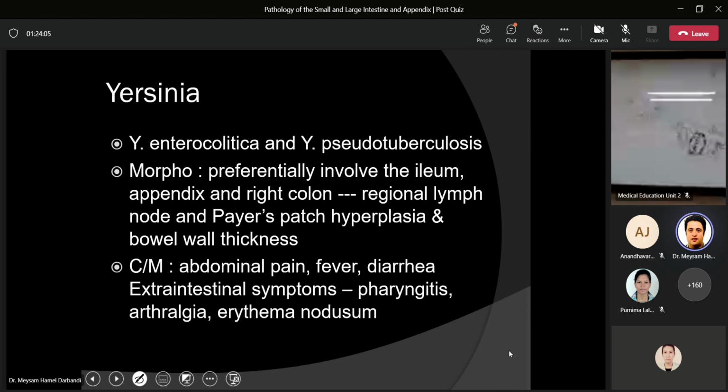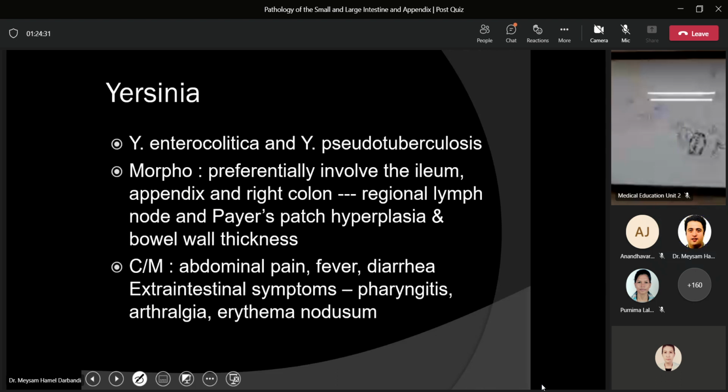So Yersinia is composed of two: enterocolitica and pseudotuberculosis. So what's the morphology? It involves what? Small intestine? Very good. Only ileum?